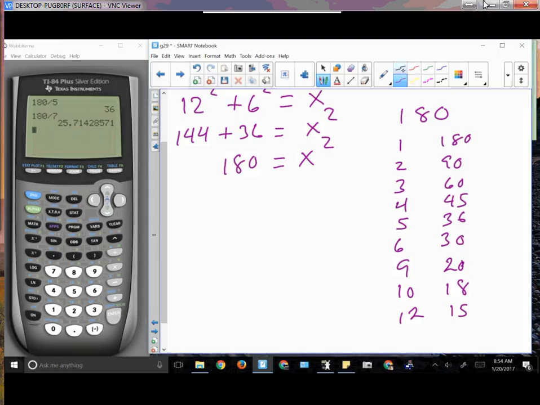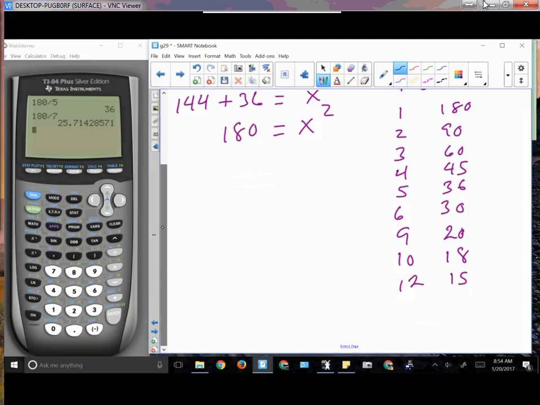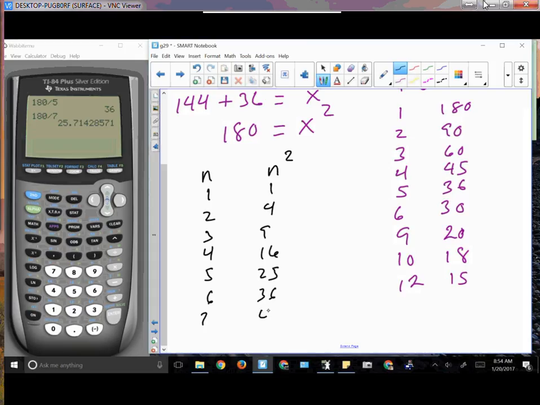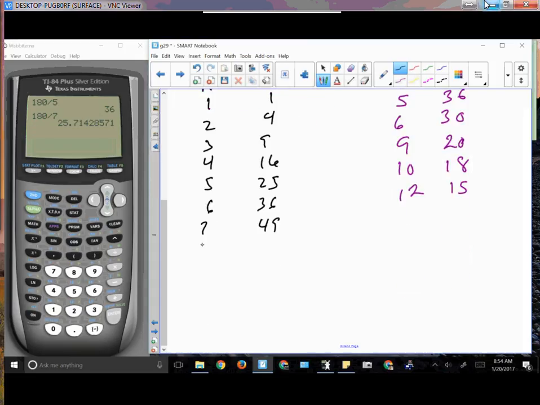Perfect squares are as follows, and I highly recommend that you write these down so that you've got access to them. Number, squared: 1 is 1, 2 is 4, 3 is 9, 4 is 16, 5 is 25, 6 is 36, 7 is 49, 8 is 64, 9 is 81, 10 is 100, 11 is 121, 12 is 144.